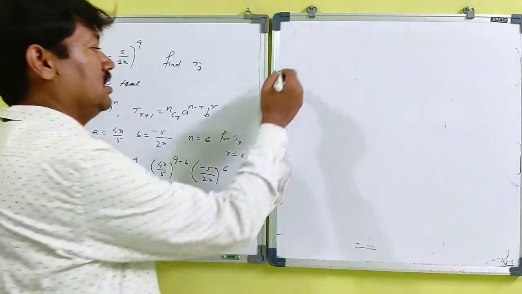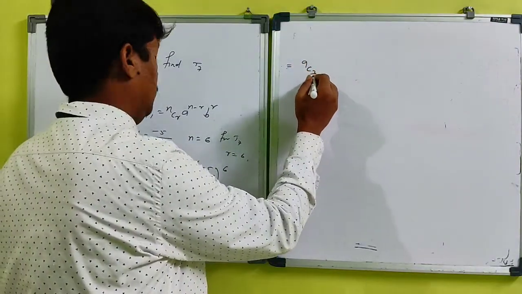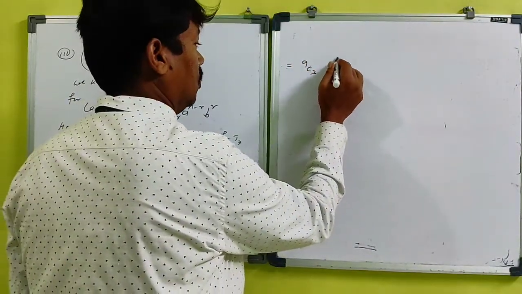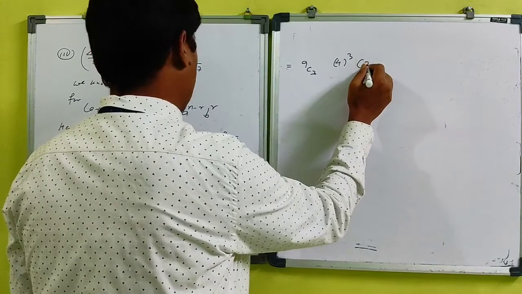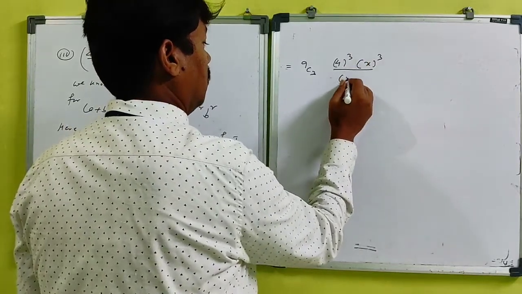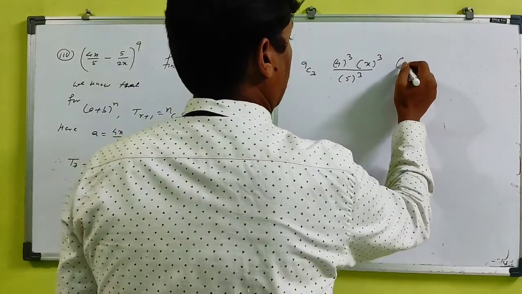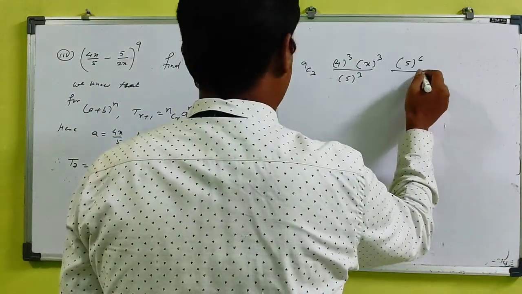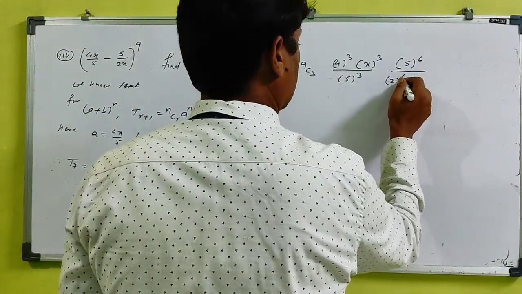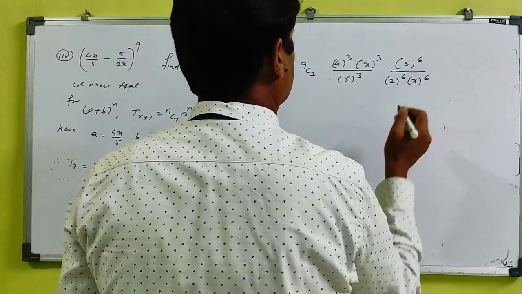So 9C6 is nothing but 9C3. So that is 4 raised to 3, x raised to 3, 5 raised to 3, and minus 5 raised to 6 upon 2 raised to 6, x raised to 6.